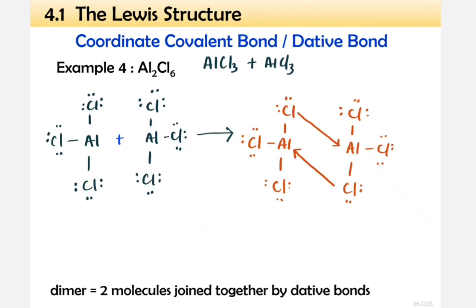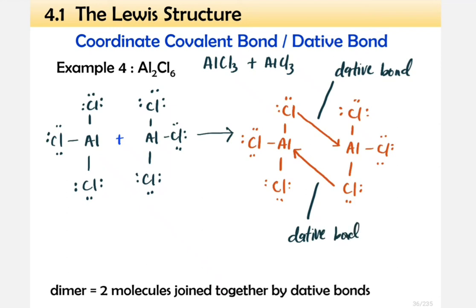Okay, so sekarang kita dah lukis the dative bond untuk Al2Cl6. Alright, so Al2Cl6 ni ada beberapa cara lagi untuk lukis, but I think this is the simplest way of drawing lah the compound. Okay, so jangan lupa label. So this is dative bond. Okay, and this one is also dative bond.